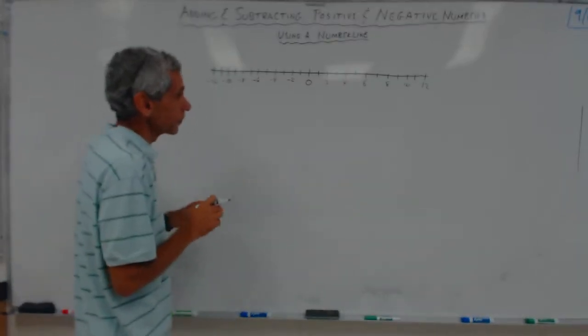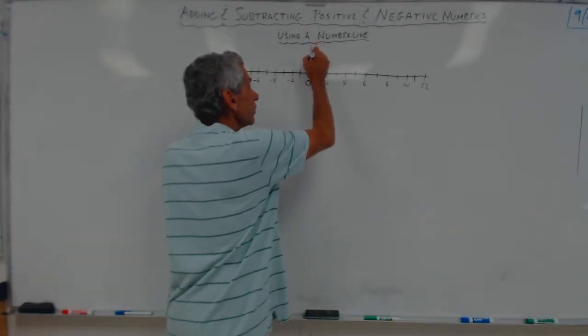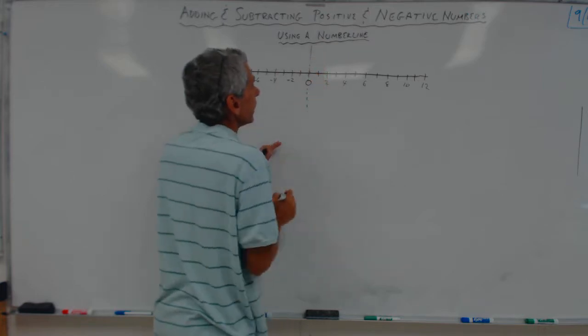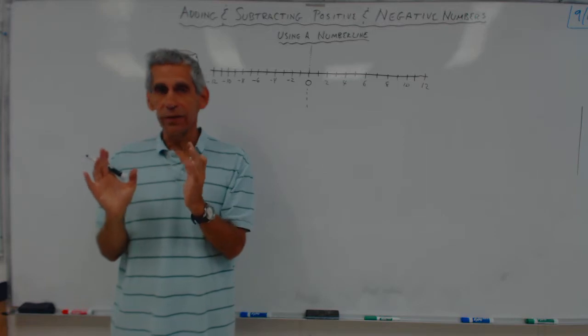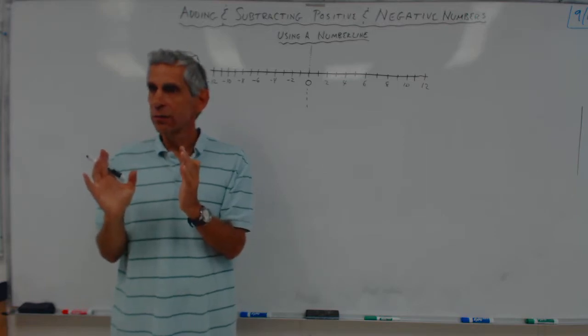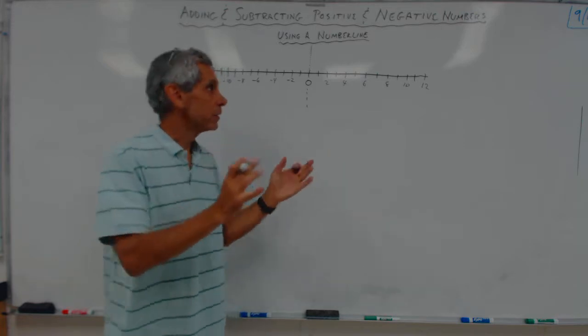Okay, so notice everything starts at 0, right? Everything starts right here at 0. And the thing is, if a number is positive, does everybody know what direction it's going to go? Somebody different. Yes, Sienna. Right.